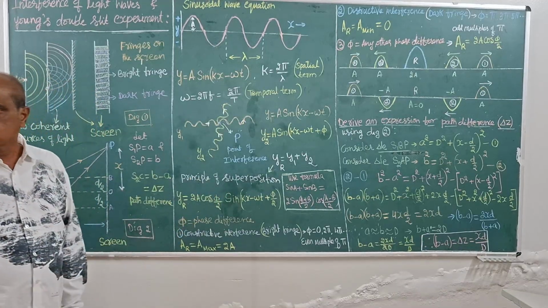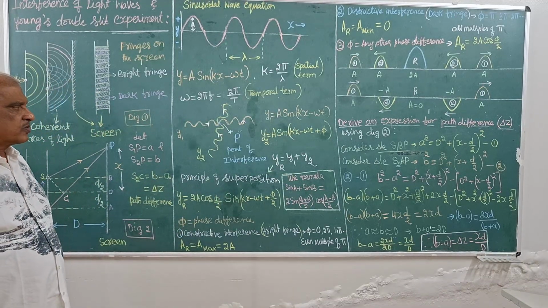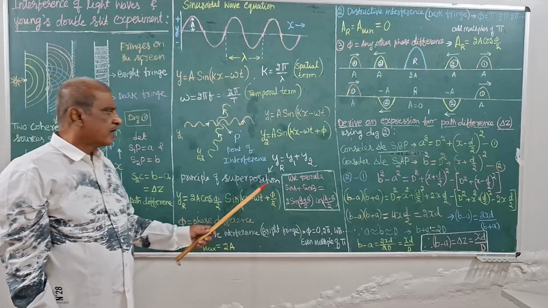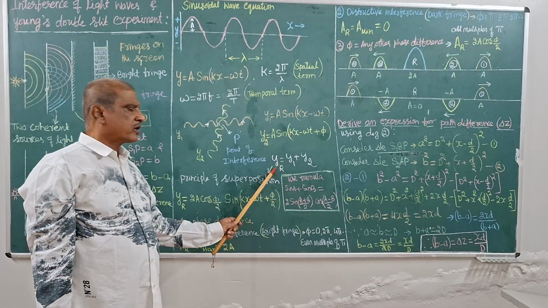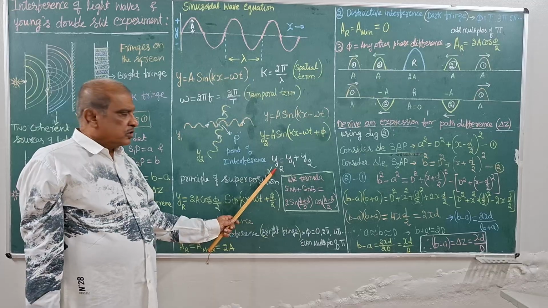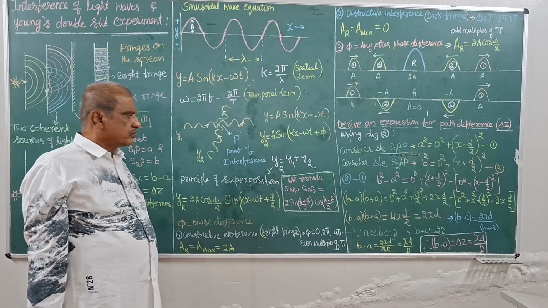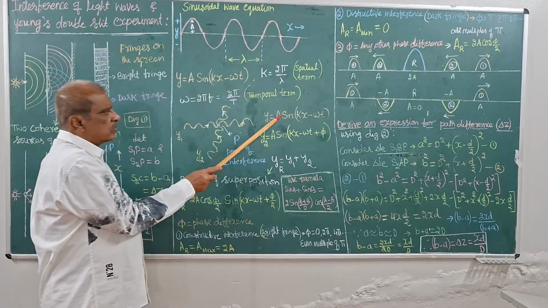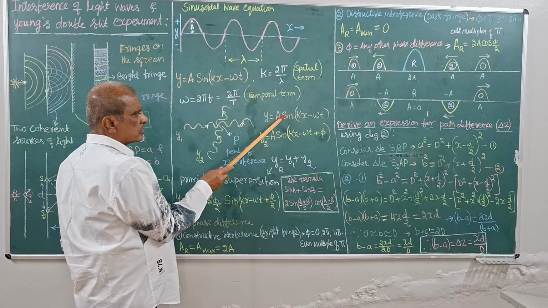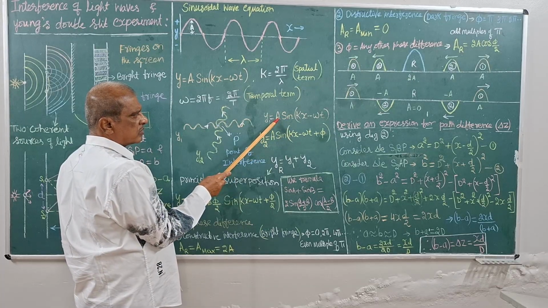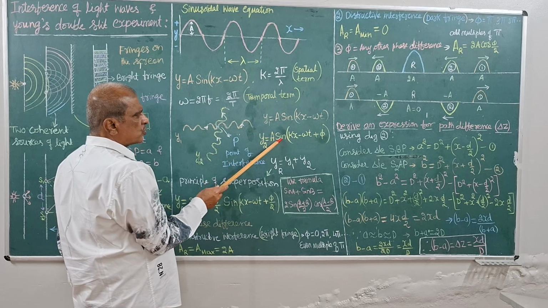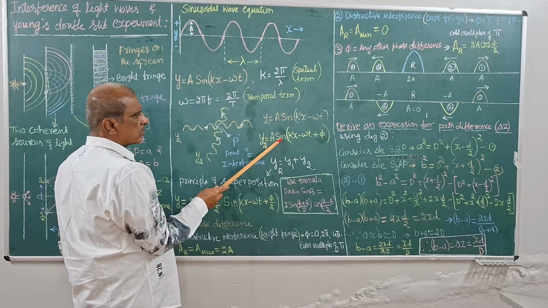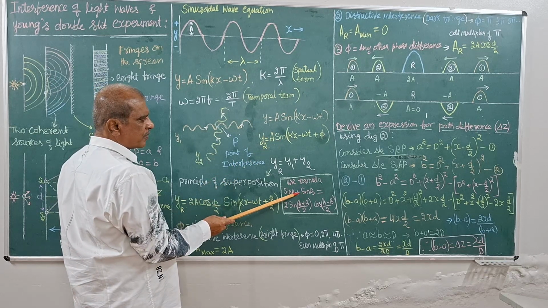The principle of superposition is always for the addition of two vector quantities, and it gives a resultant vector. Let us add these two, this plus this. This is sine plus sine, of course with a common factor. So add these two equations and see what you get. Apply this formula and add up.